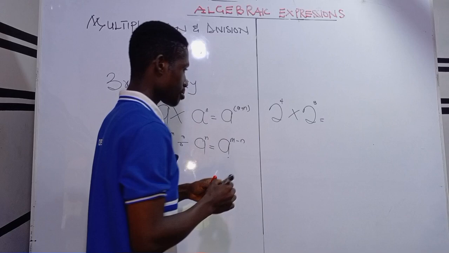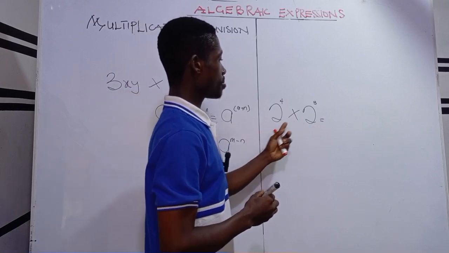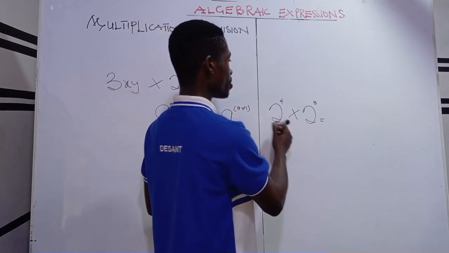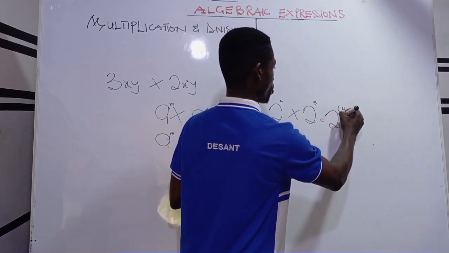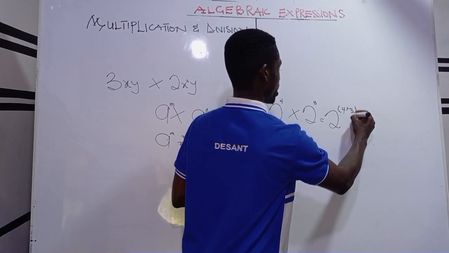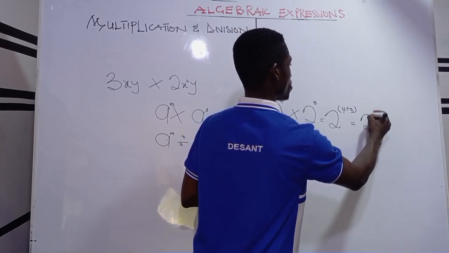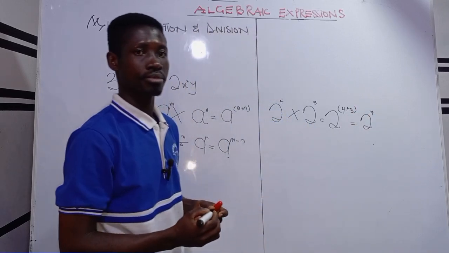So in indices, when the bases are the same and then they are multiplying, we pick one of the base, which is 2, and then we add their exponents. So we have 4 plus what? 3. And this gives us 2 power what? 7.